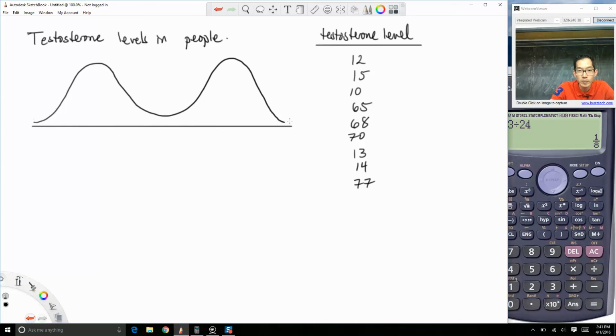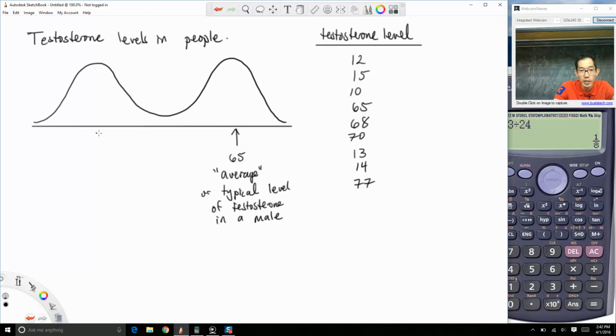Okay, and so values around here, I don't know, 65 or whatever, I'm just making up a number. This can be thought of as the quote-unquote average or typical level of testosterone in a male.